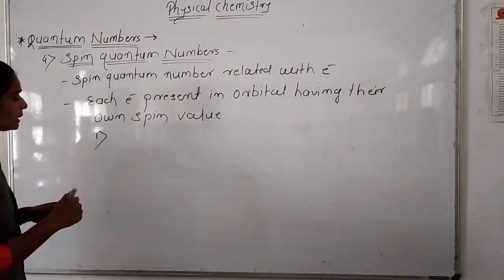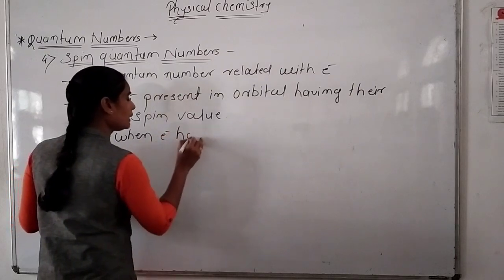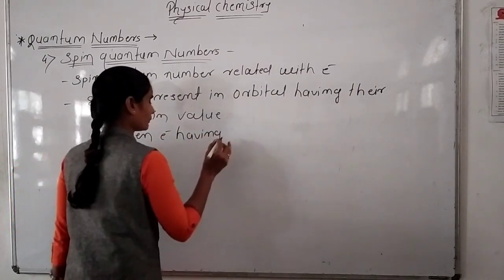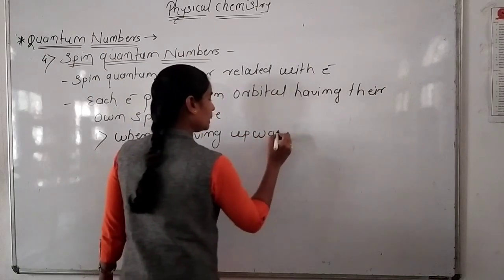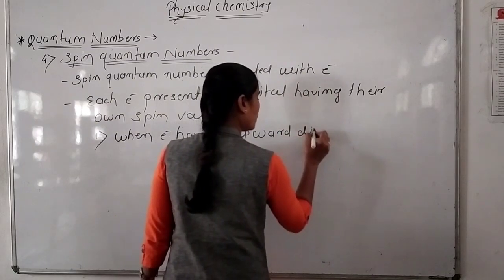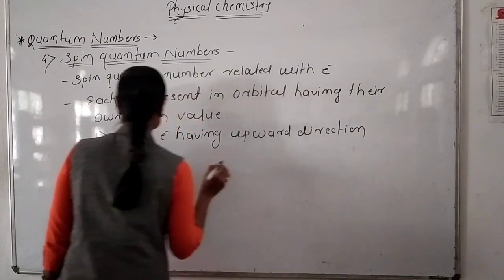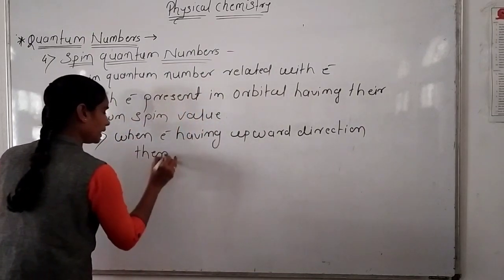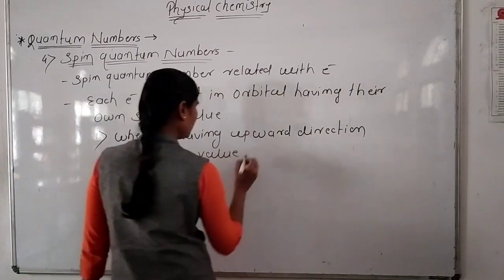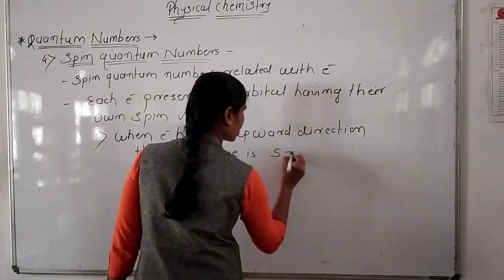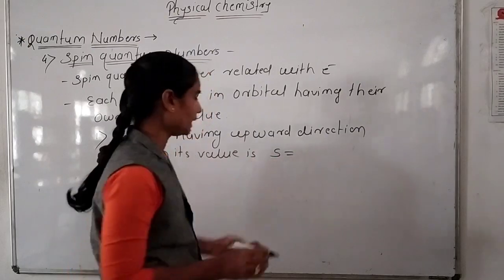What are those conditions? The first condition: when the electron has an upward direction, then its value is s. That s indicates the spin quantum number, or spin value, of the electron.